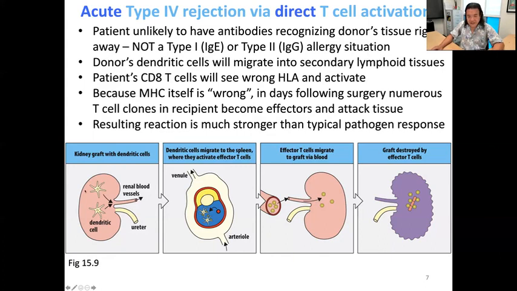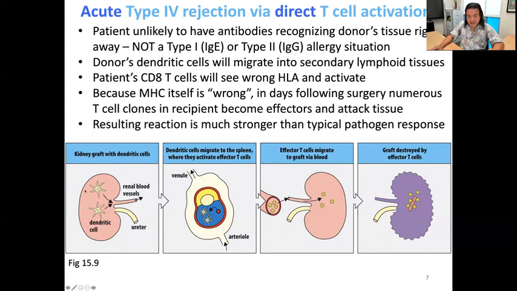So over time, you gradually damage the kidney tissue. It's not a very strong response, but if it now starts being drawn out over several months or even years, eventually the blood vessels inside of the kidney are just too damaged from repeatedly being targeted by these antibodies.